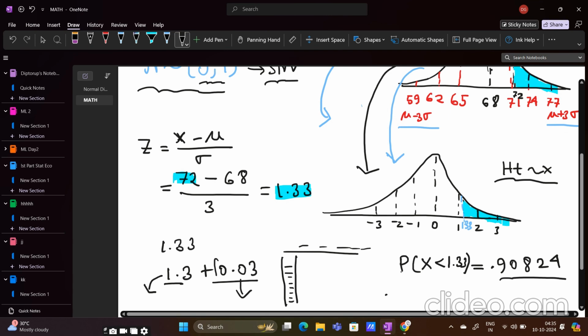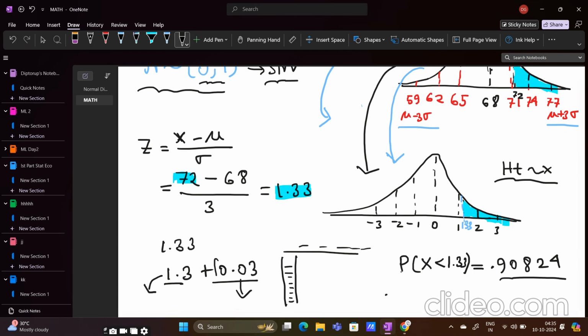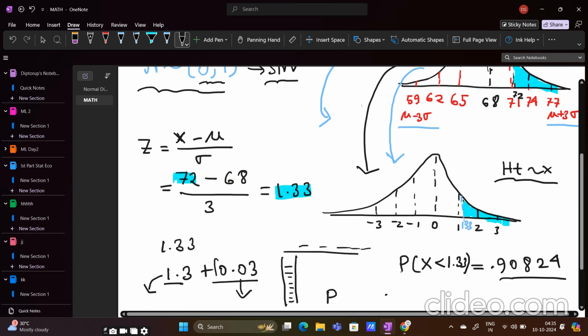But we require the probability that x will be greater than 1.33, right?